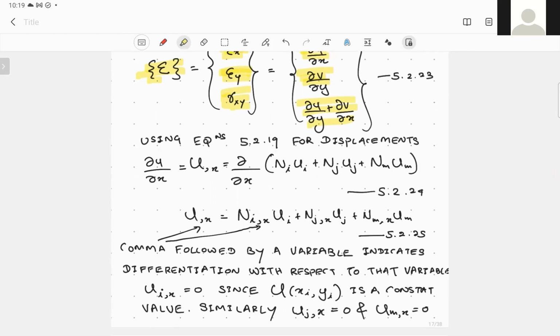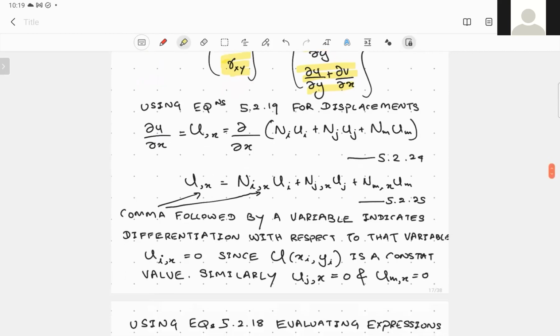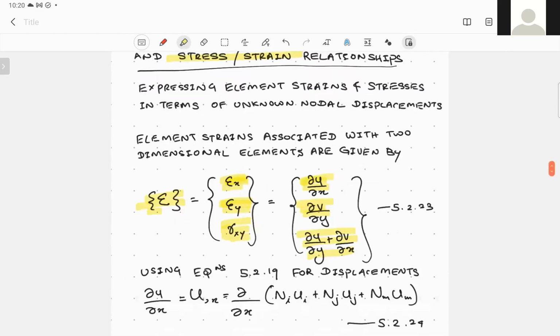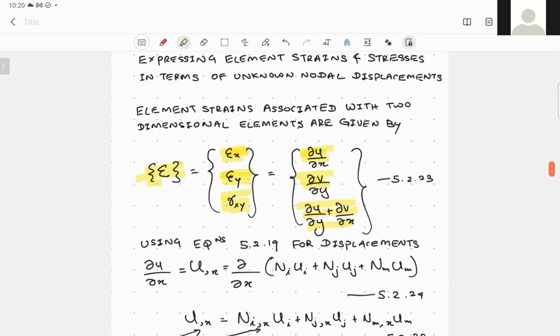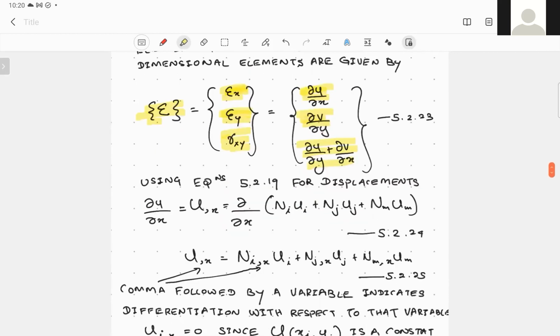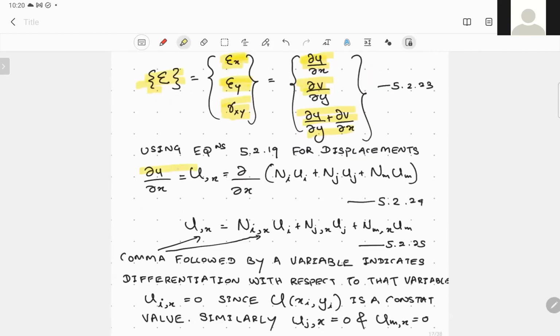For that, we have defined the strains, and now we are using these strain values and expressing them in terms of the shape functions. So we express the internal strains using nodal degrees of freedom together with the shape functions.